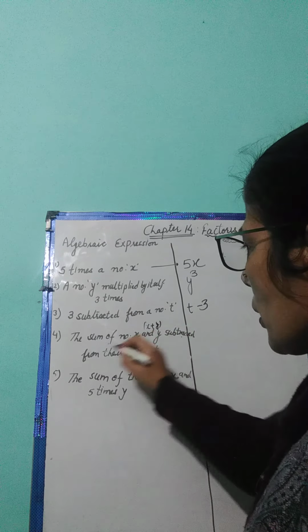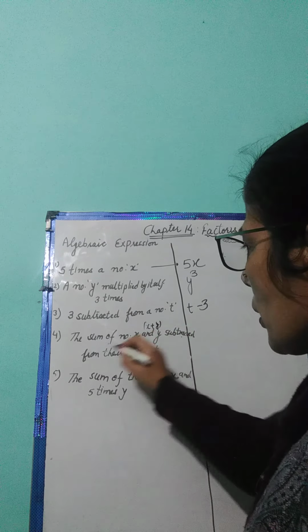It is to be subtracted from their product. In case of subtraction, whatever comes after from is to be written first. Product of x and y is xy, minus the sum of these numbers. So, xy minus (x plus y).